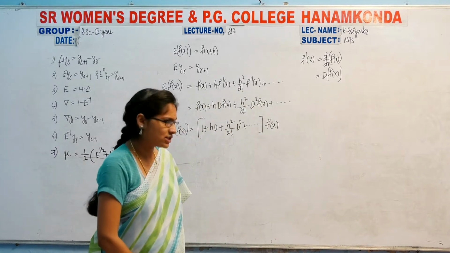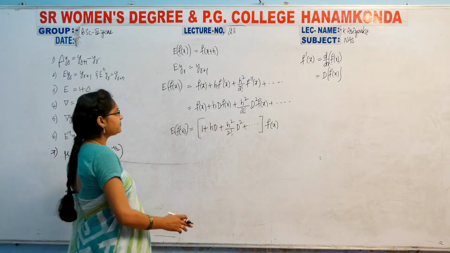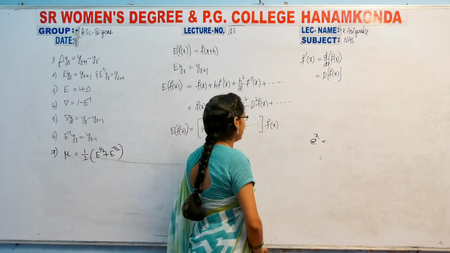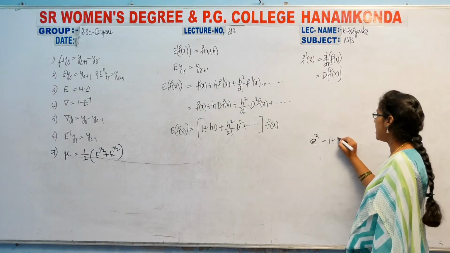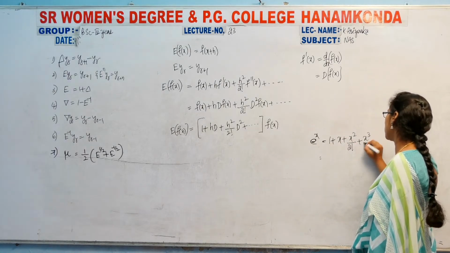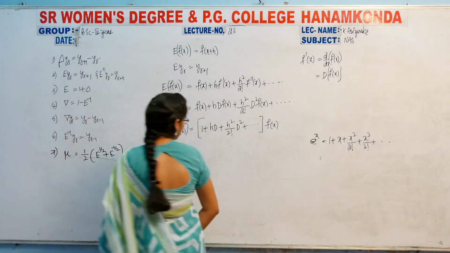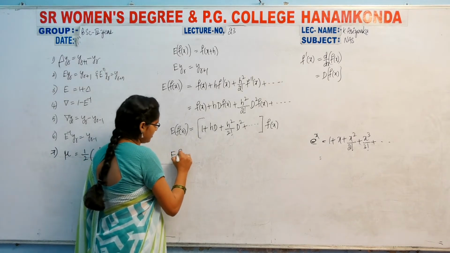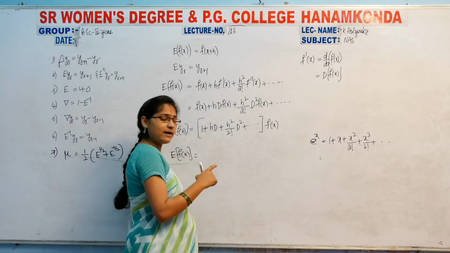Now we know that e power x can be written as the exponential function 1 plus x square by 2 factorial plus x cube by 3 factorial plus so on. This is the expansion of the exponential function, and here it is nothing but E of f of x is equal to, in the place of x what I have, hD.